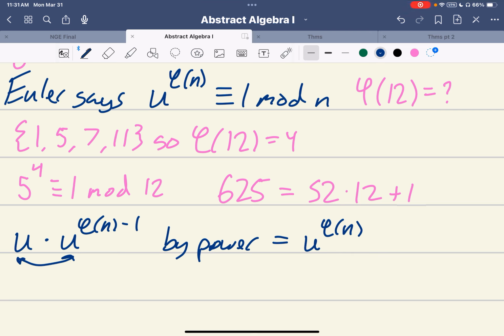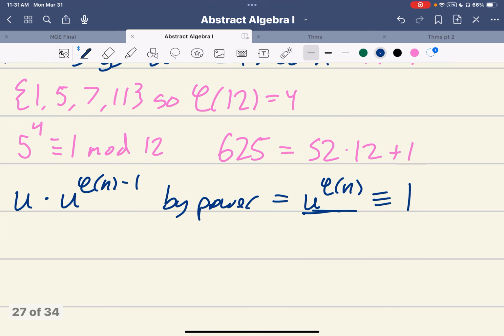These are equivalent to this. That's really cool and actually really helpful because we just said that u to the phi of n is equivalent to 1. And what we know about inverses is that a unit u times something else, if you get 1, then that means that these two are inverses. And so the inverse of u is just u itself to the totient function of n minus 1.